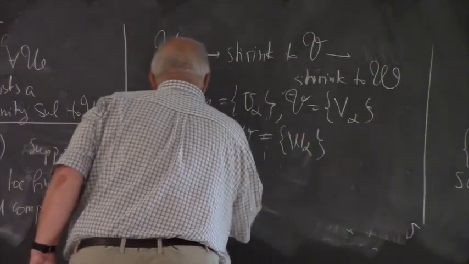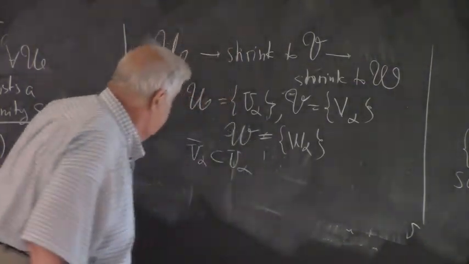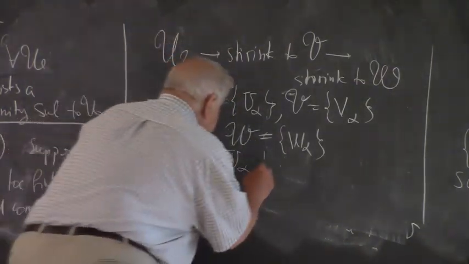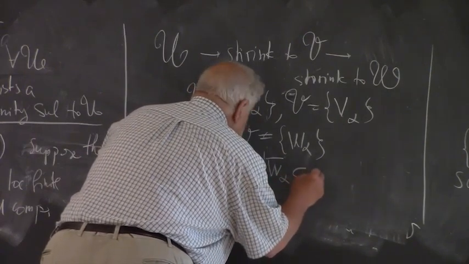And the closure of V alpha is contained in U alpha, the closure of W alpha is contained in V alpha.